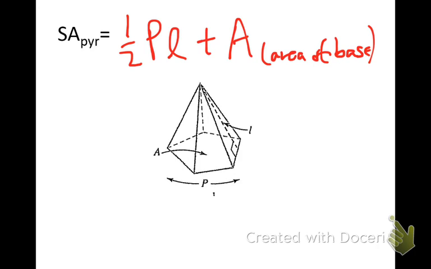So you're going to do 1/2 PL plus the area of the base for a pyramid. You can refer to that when you do the homework. Okay, use that formula. Any questions on the notes? All right, that's it for today.